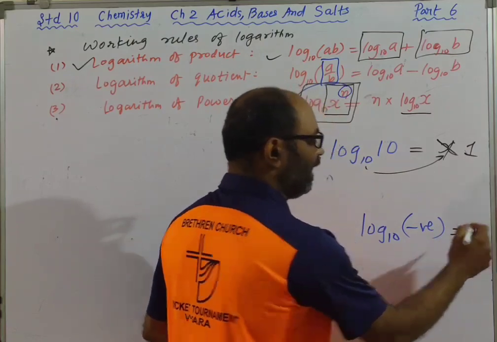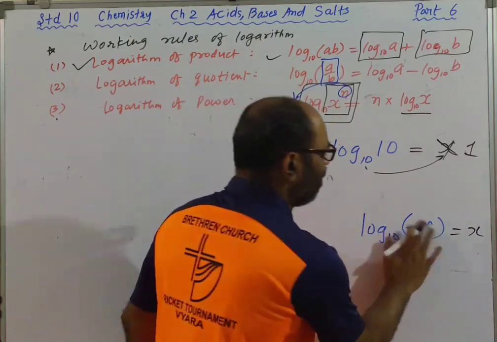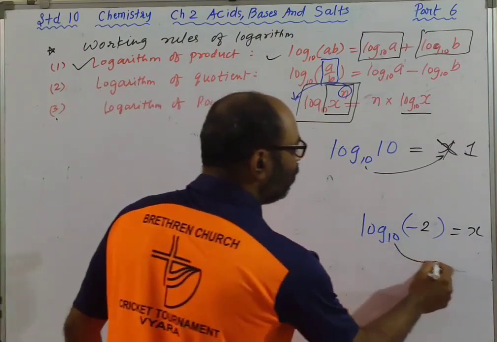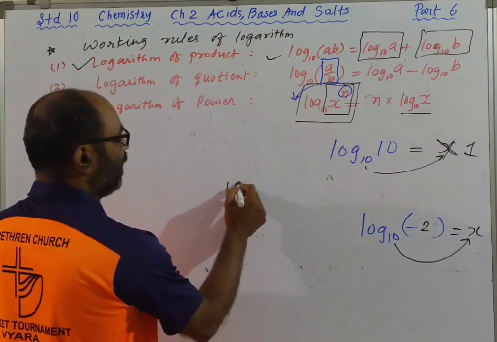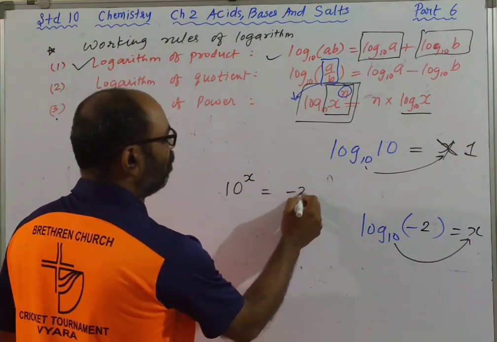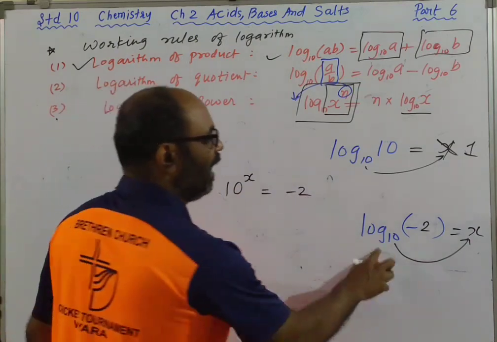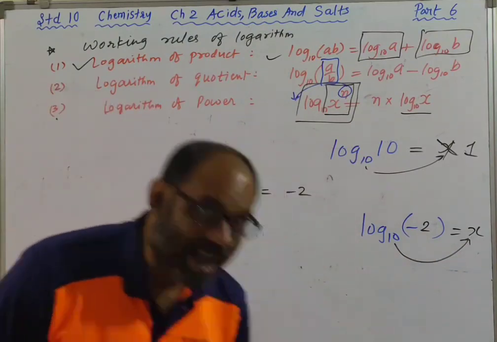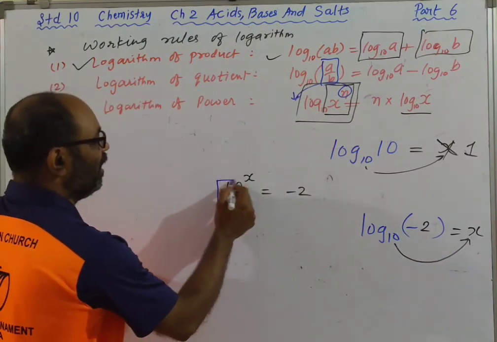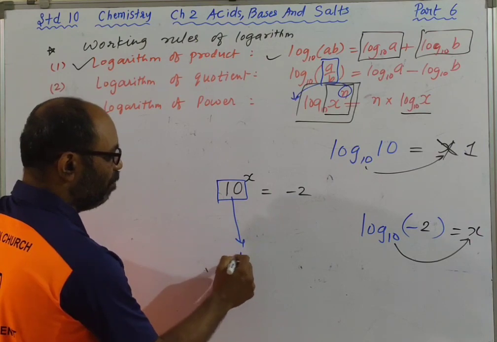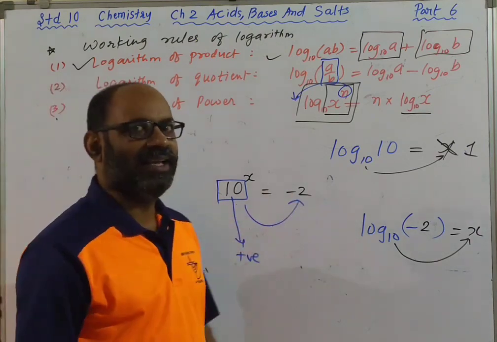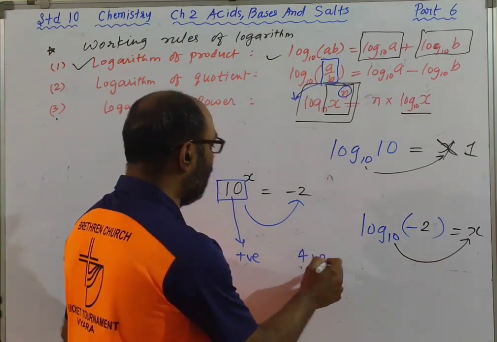Suppose the value of this logarithm of a negative number is x. Let me take minus 2, we take a number. So if you convert into exponential form, 10 raised to x is equal to minus 2. Now you know the base is positive. Base positive, so the value can never be negative; the value will always be positive.